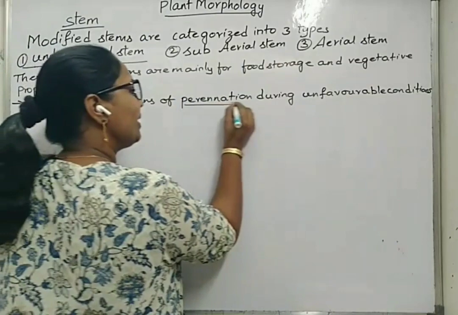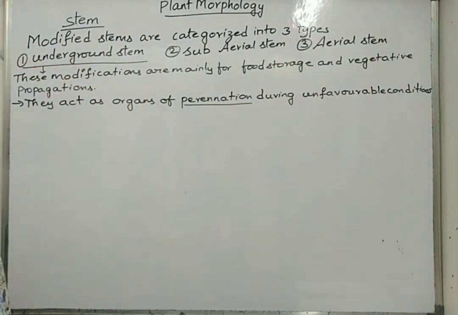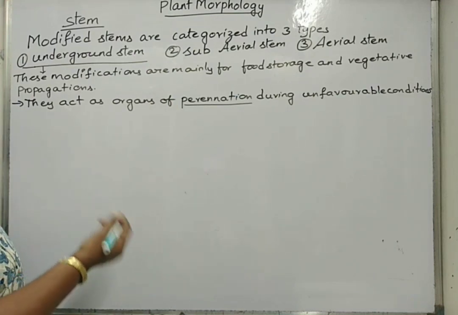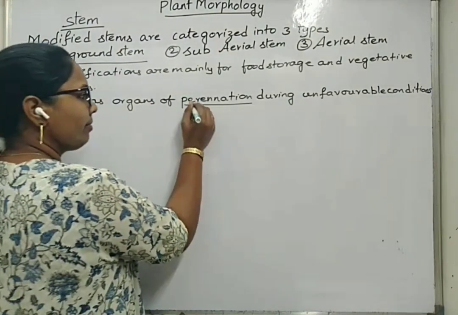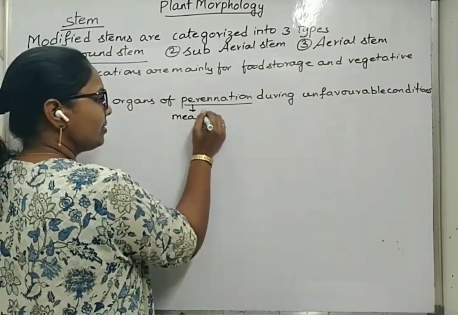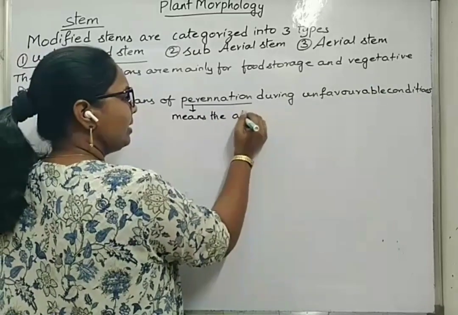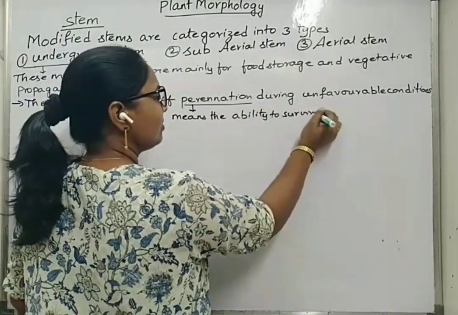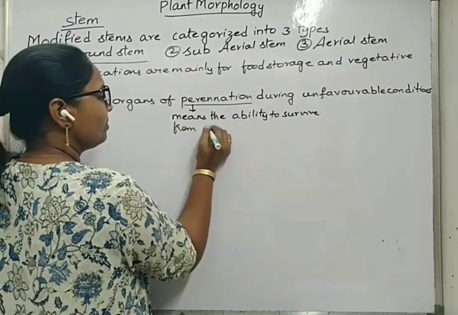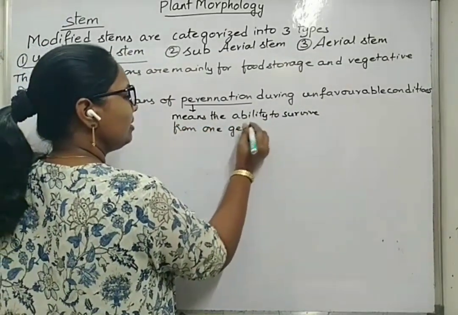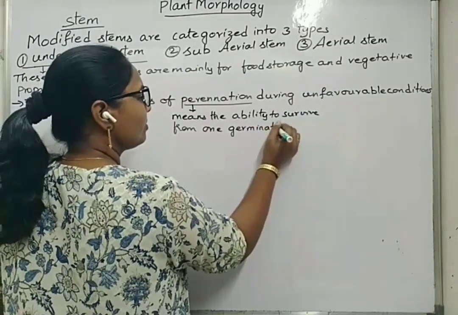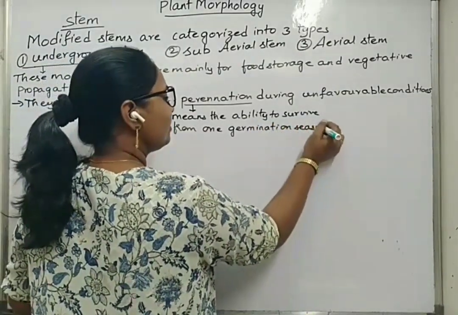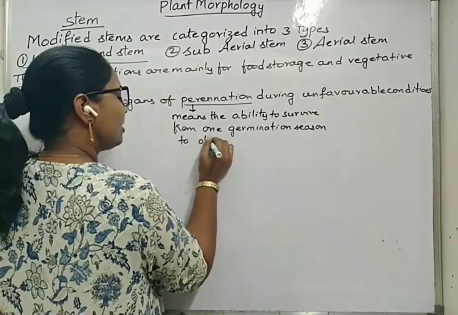What is meant by perennation? Perennation means the capacity or the ability to survive from one germination season to another germination season.